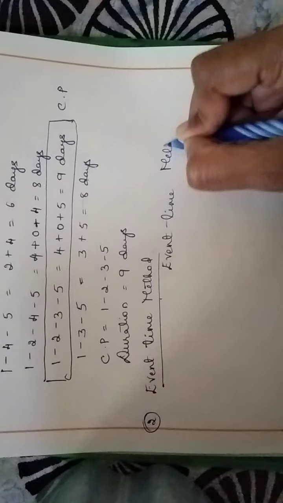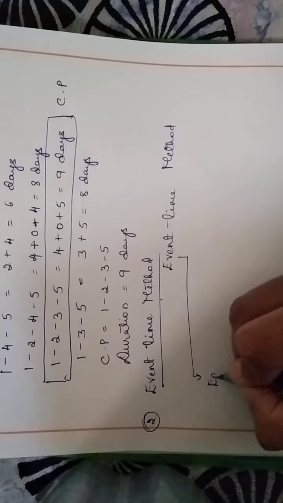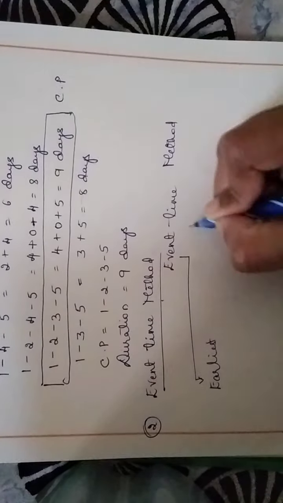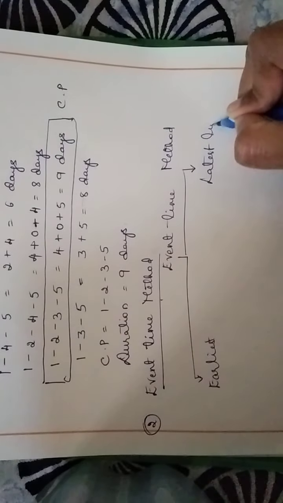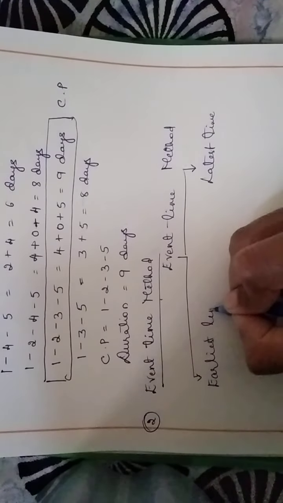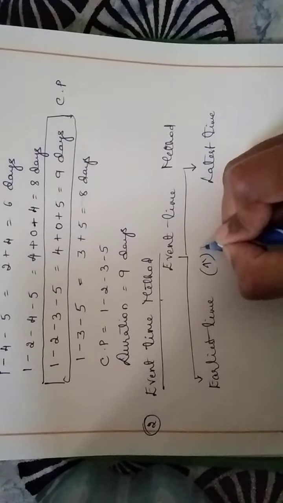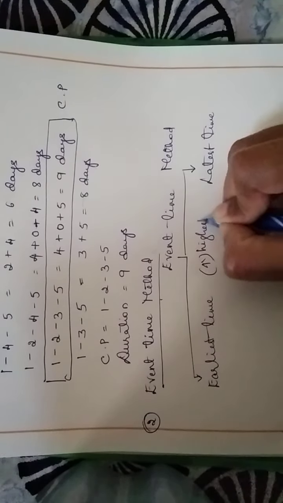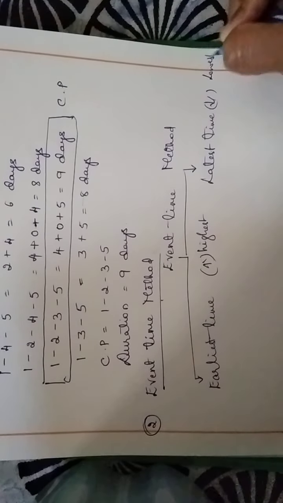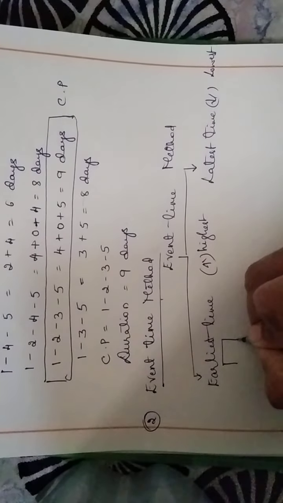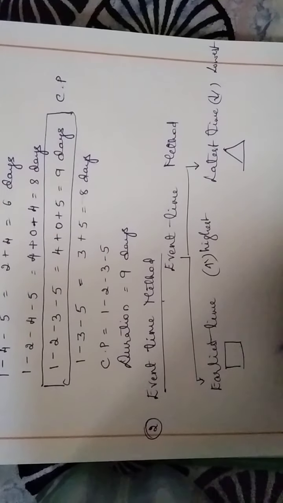we have to understand the concept of the earliest time and the latest time. Earliest time and the latest time. So here we compare the values and we take the highest, and here we take the lowest. So it is represented in the form of a rectangle, and here this is represented in the form of a triangle.